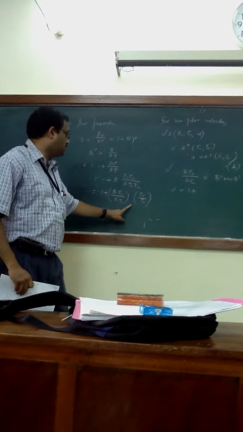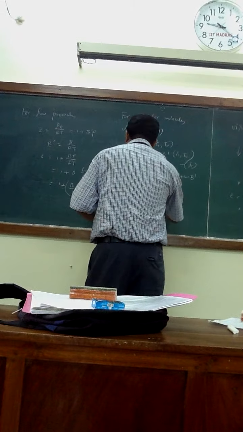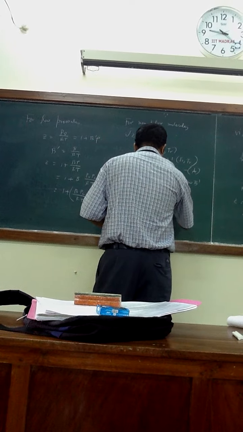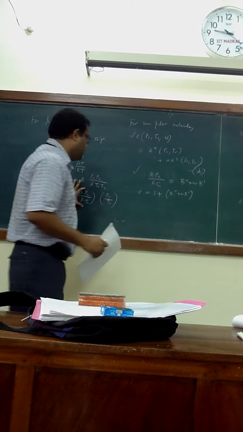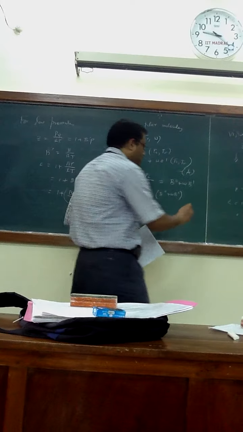If you look at this equation, what will you get? This entire thing is B0 plus W B1 into PR by TR, right?